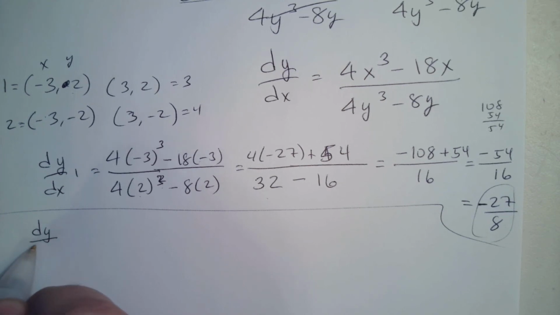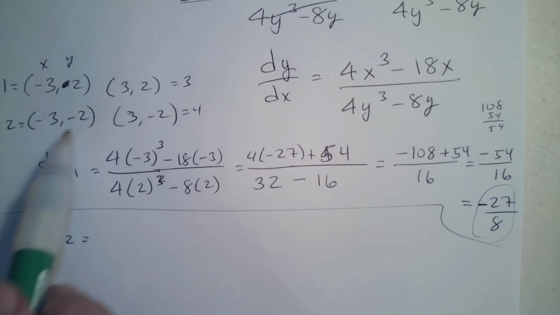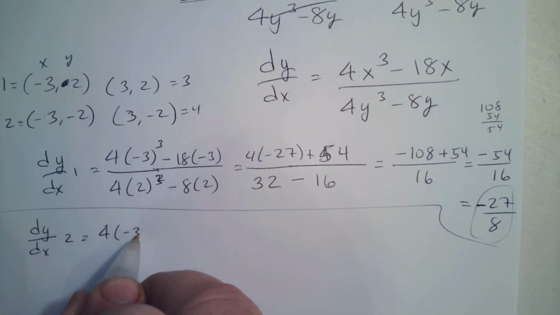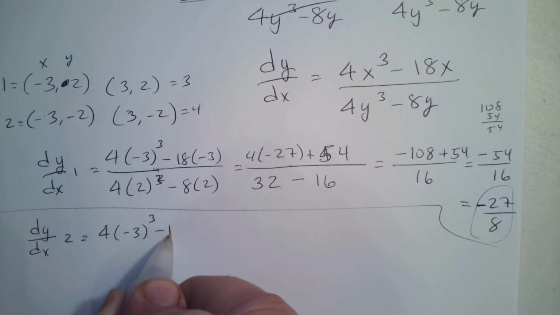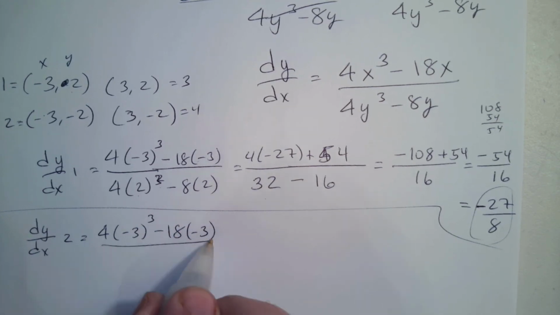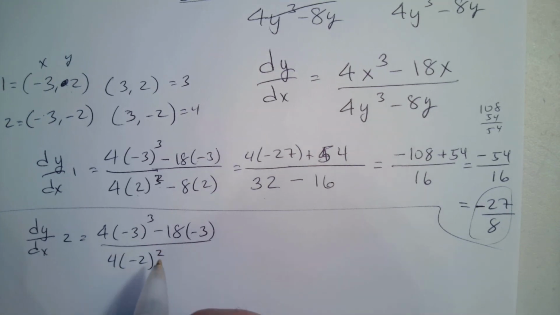dy/dx 2. Negative 3, negative 2. So I have 4 times negative 3 cubed minus 18 times negative 3, over 4 times negative 2 cubed minus 8 times negative 2.